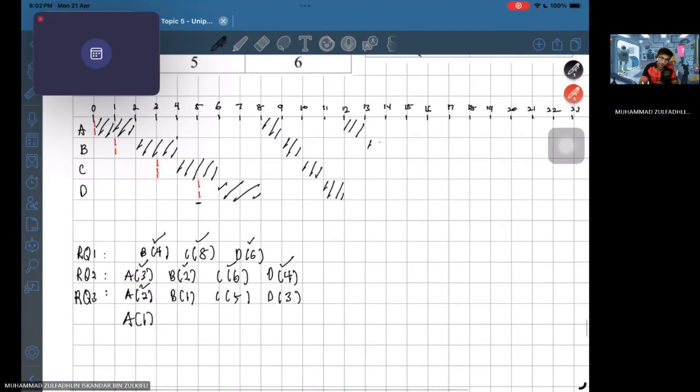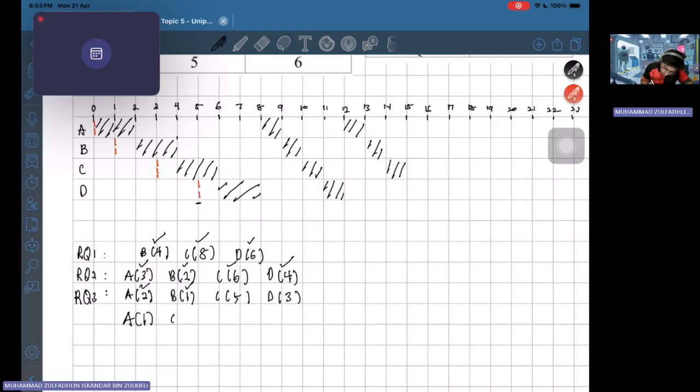Then B runs 1 second, and at T equal to 14, B has completed, so it will not go back to the queue. And then C, we have 5 more, and we complete its 1 time quantum. It will move back to the queue.